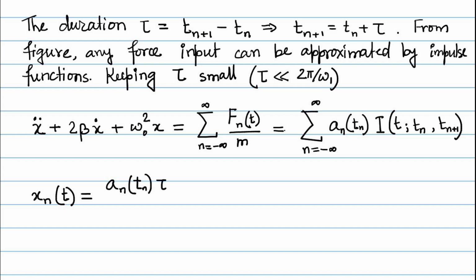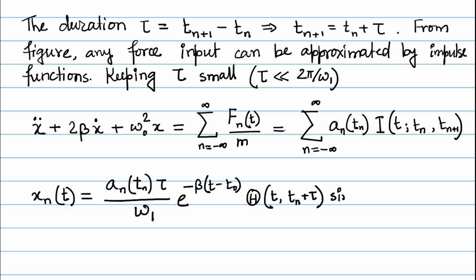Remember, a times tau was b divided by omega 1, then e to the negative beta, t minus t naught. Then we have theta of t comma t n plus tau. Then we have sine of omega 1 times t minus t naught, well, in this case t n.